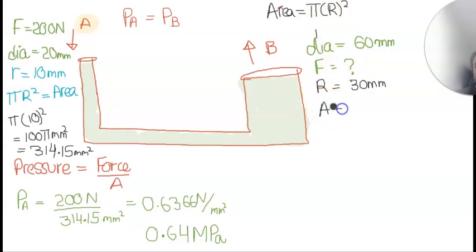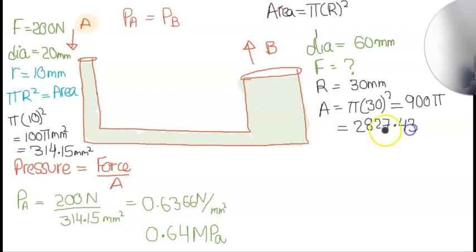So area is pi times 30 square, which is 900 pi or 2827 millimeter square.